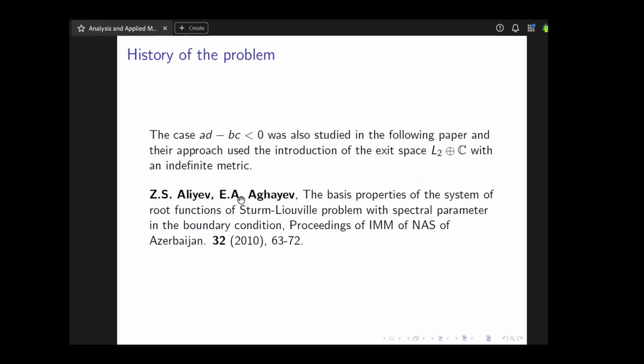This problem was studied by Aliyev in 2010. This is a different author. It is not me. But they used again Pontryagin space, indefinite metric, Hilbert spaces for their paper.